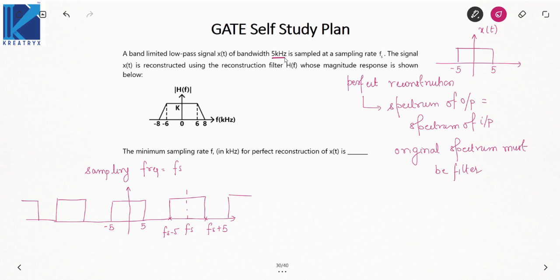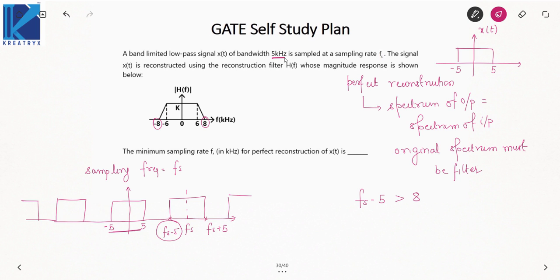Now the filter passes the frequencies between -8 and +8, and we want it to filter only up to -5 and 5. That is, this term Fs minus 5 should not lie inside the filter, or Fs minus 5 should be greater than 8.